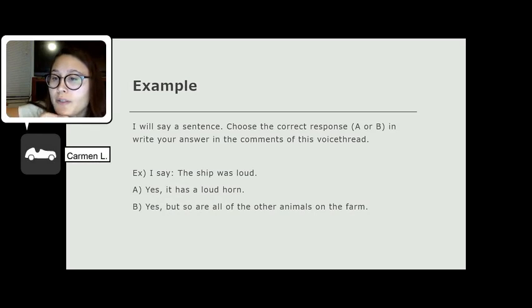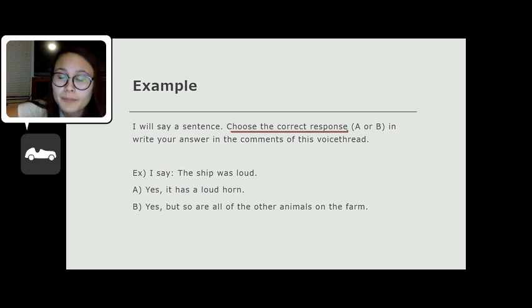Finally, we are going to wrap up our lecture with a mini activity. So I will say a sentence and I want you to choose the correct response.